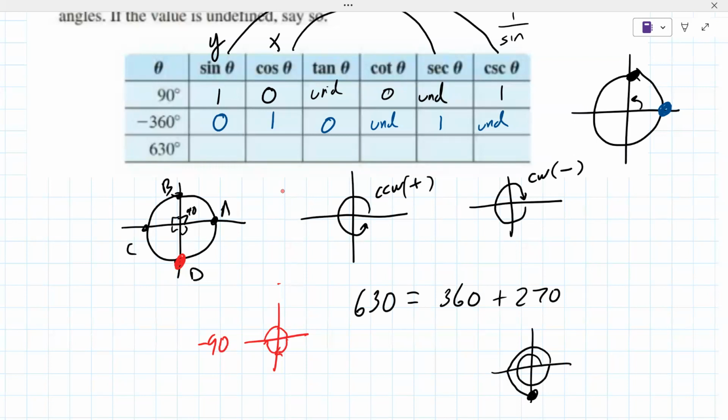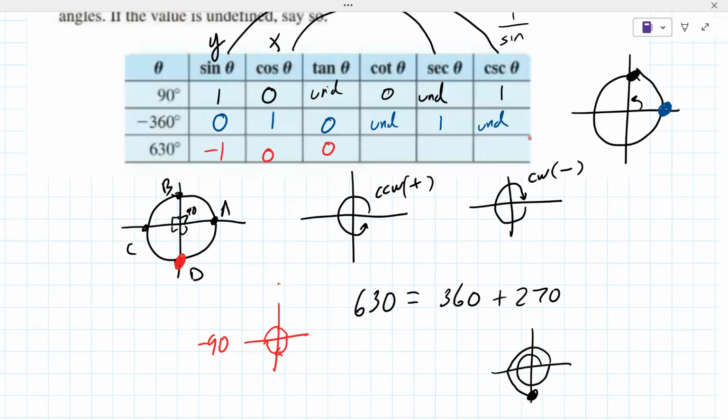All right, so I want you to fill in this entire table and let me know what you come up with, please. Sine would be -1, cos would be 0, tan would be 0.